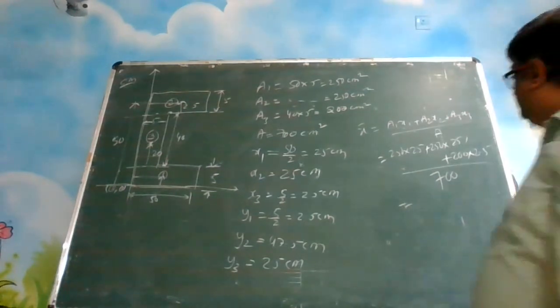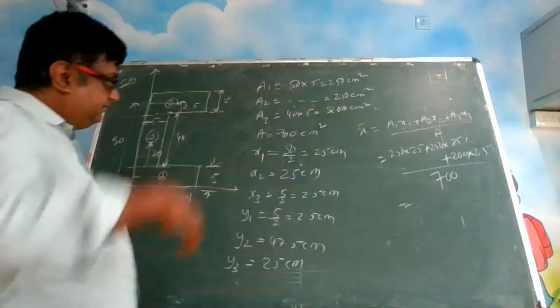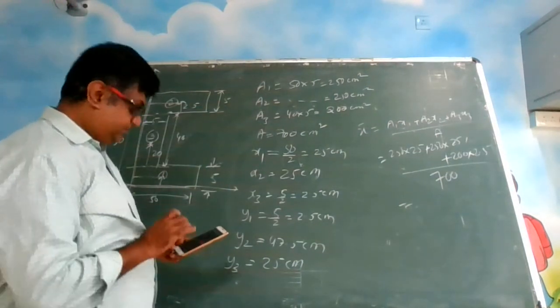We will calculate this. 250 into 25 plus 250 into 25 is 500 into 25. Let me just calculate that.